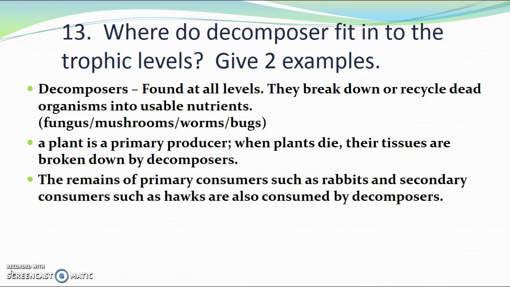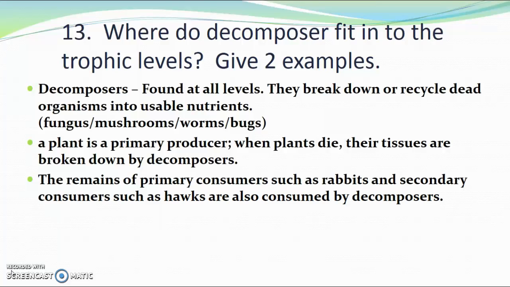Well, we discussed that decomposers are found in all of the levels of the ecosystem. They break down and recycle organic material and turn it into usable nutrients. We can find them in the primary producer trophic level because plants die and their tissues are broken down by the decomposers.